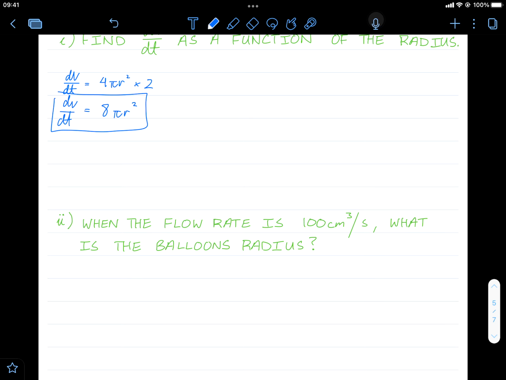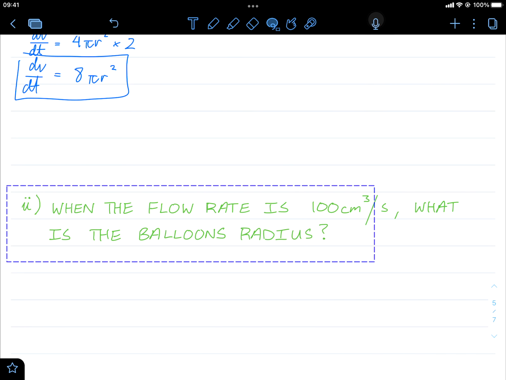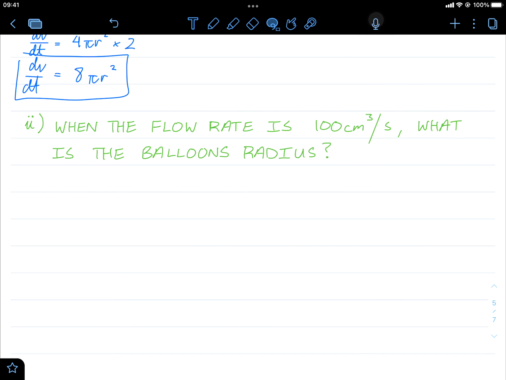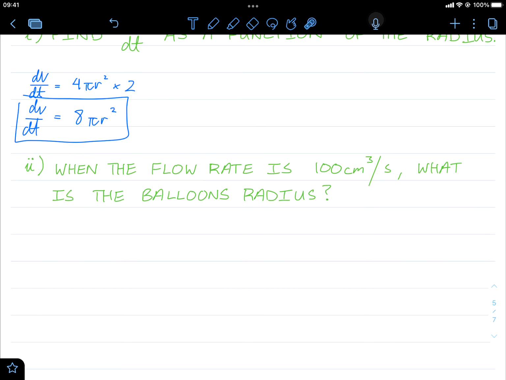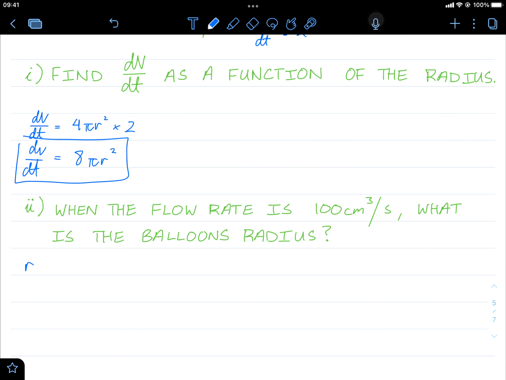So lastly, it now says when the flow rate is 100 centimeter cubed per second, think very carefully what that is referring to. What is the balloon's radius? So in this question, we're looking for r equal to something, but the flow rate being given is actually going to be dv on dt.